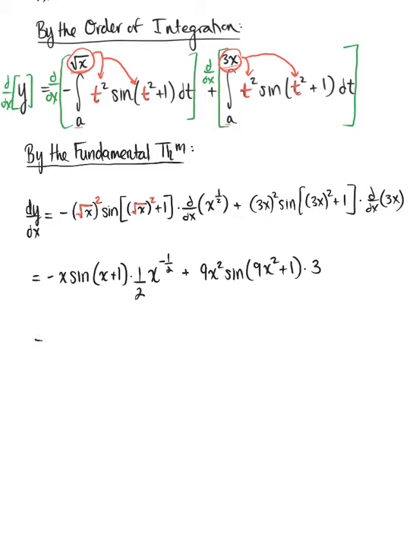Let's see, we can rewrite this first term as minus x times sine of x plus 1 all over 2 times x to the positive 1/2, plus we have 27x squared multiplied by sine of 9x squared plus 1. And that 27 came from multiplying 9 and 3.